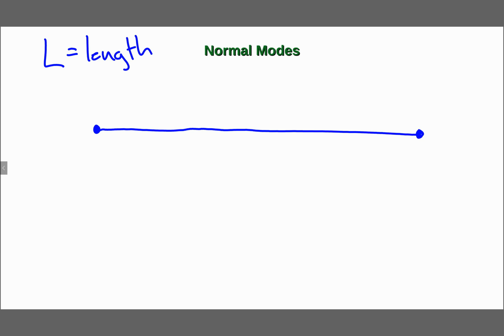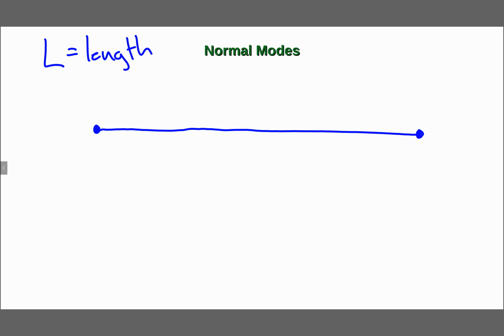And strings that are fixed at both ends are, of course, found on things like pianos and guitars, and in Hawaii, of course, ukuleles, right? So if we pluck a string that's fixed on both ends, it has certain frequencies that it will vibrate at.